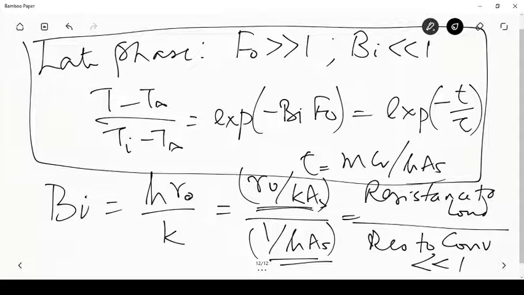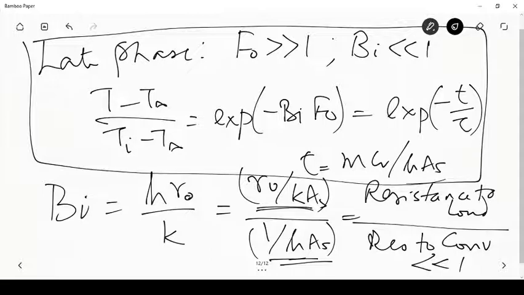So the body is a very good conductor. That is one possibility, that K is large, or R naught is small. Either way, this R naught by KAS, the resistance to conduction, is small, and 1 by HA is large, which basically would mean that either H is small or A is small.